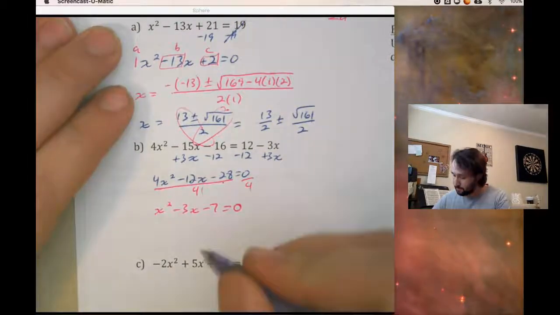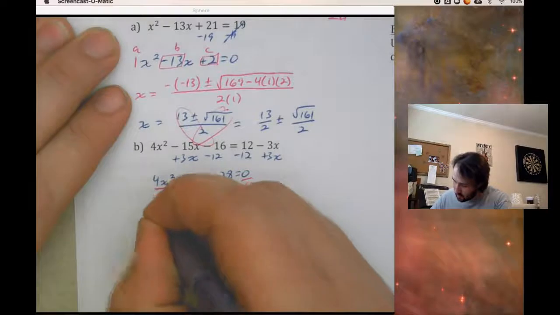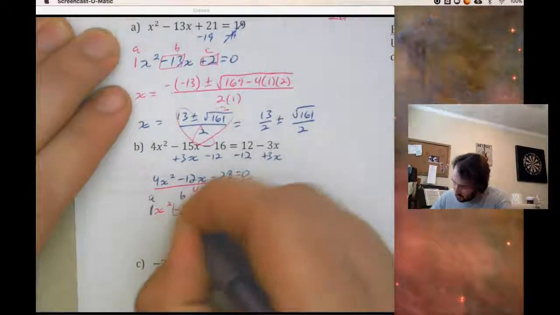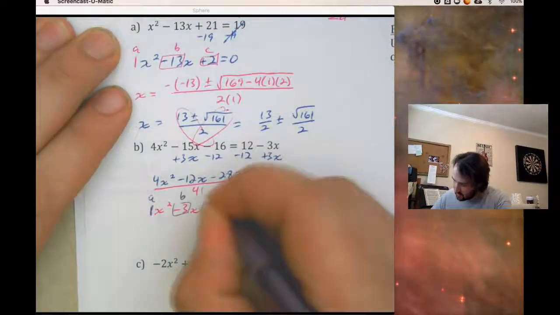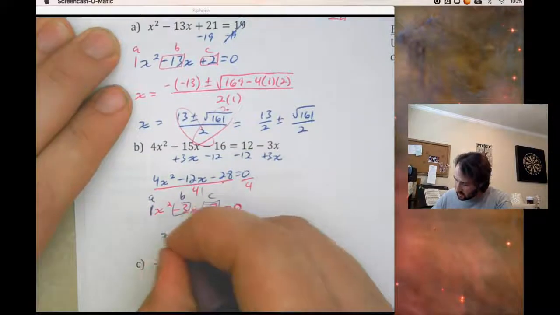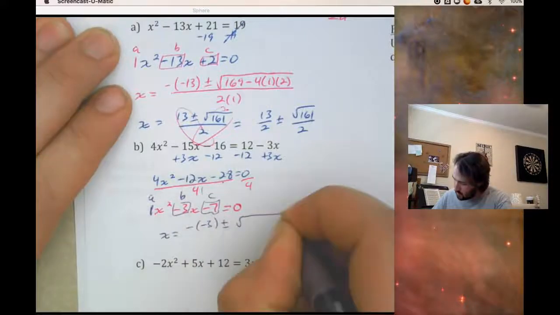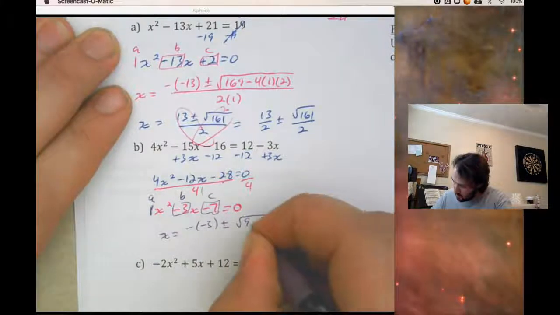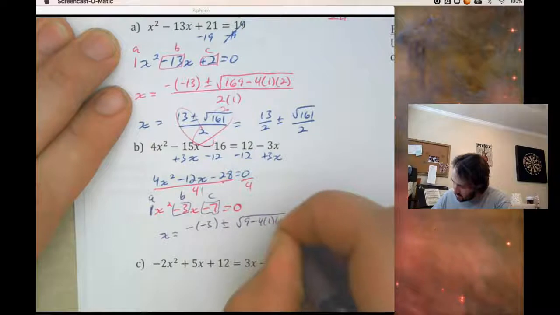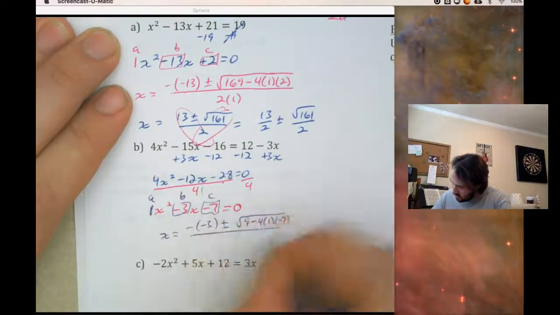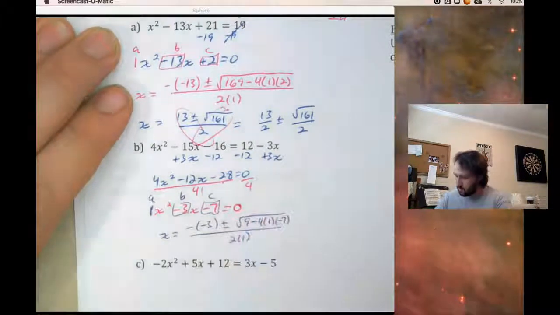Save yourself some time. So again, a is 1, b is negative 3, take the whole thing, and c is negative 7. So we have x equals negative 3 plus or minus square root b squared, which is 9, minus 4 times 1 times negative 7, all divided by 2 times a, which is 1.